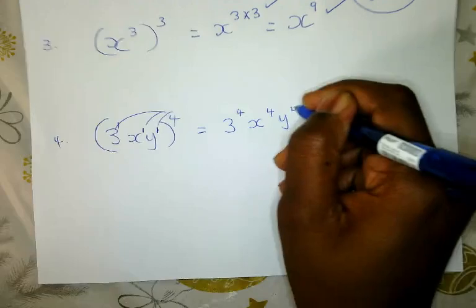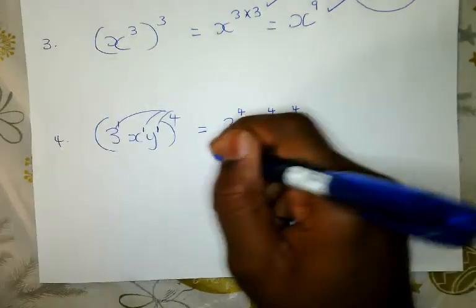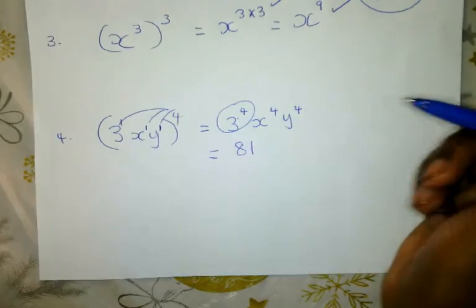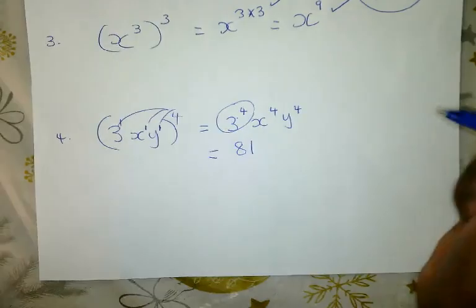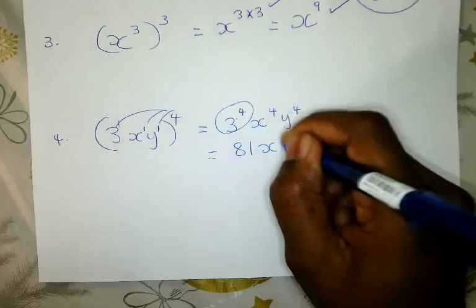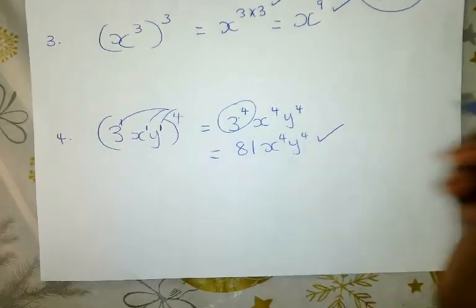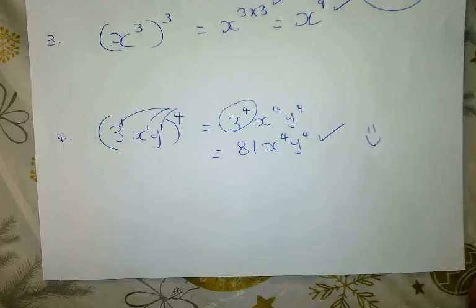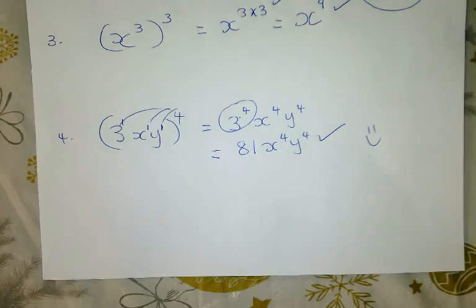And then this becomes 81. You can press this on a calculator. Only the first one, and then that one stays the same. Is it fine? Yes, sir.